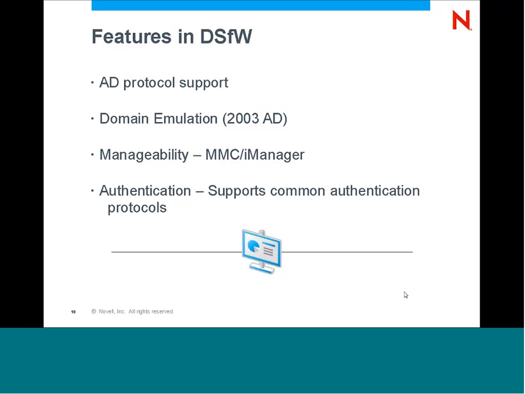So you can run a 2003 style domain on a 2008 server, and with DSFW, if you're making a trust, you can make a trust to a 2003 domain on a 2008 server, 2008 R2 if you need to. But anyway, that's domain emulation.